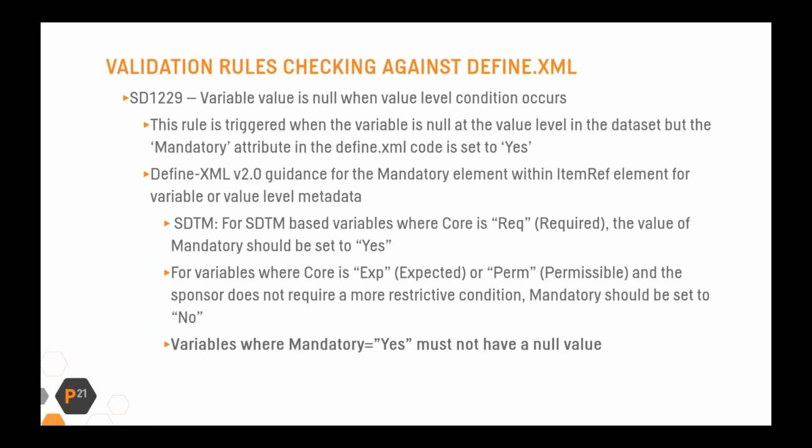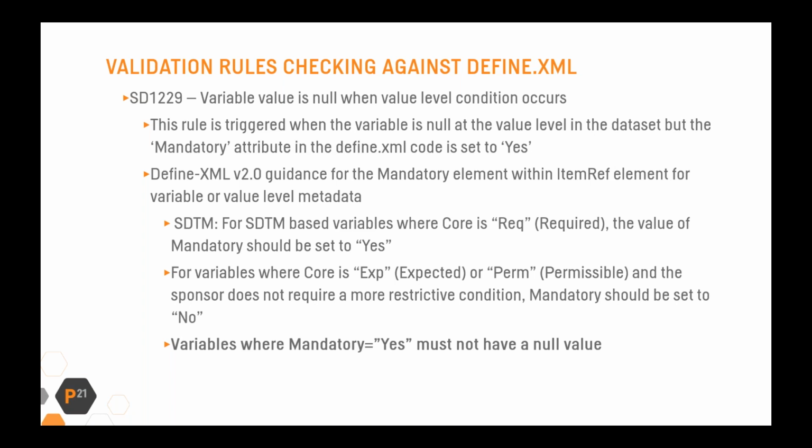So perhaps we should start thinking about adding to the description to make it more clear what this rule is actually checking. So when you look in the define.xml 2.0 guidance for the mandatory element, it says the following. So for SDTM-based variables where the core is required, and when we say required, we mean that it must be present in the data set and it must be populated.